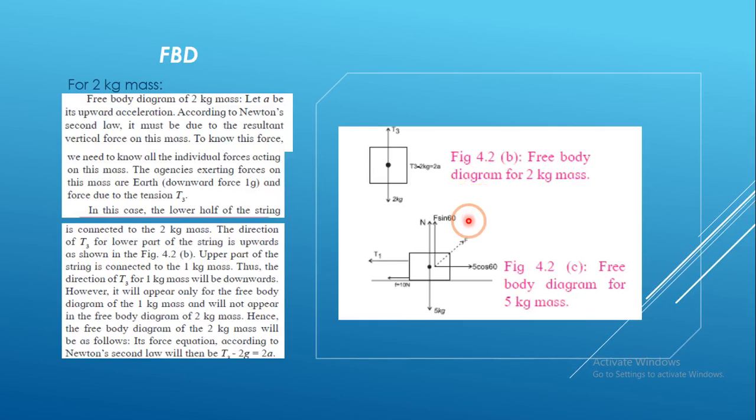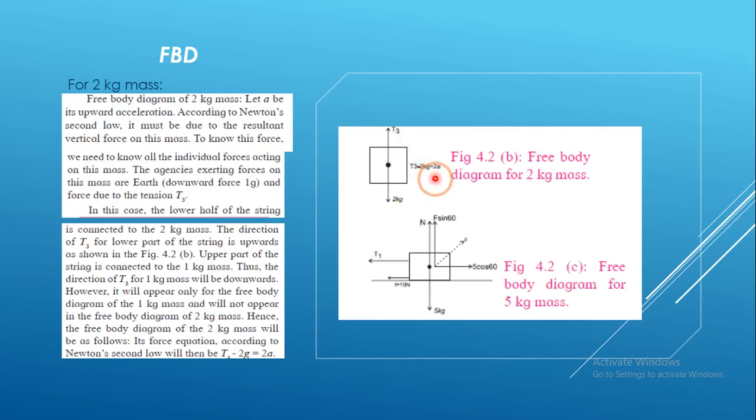To find this force, we have to find all individual forces acting on this mass. The agencies exerting forces on this mass are the earth and the force due to the tension. Now, the downward force we are going to consider as 1 g, and the force due to the tension is T3.